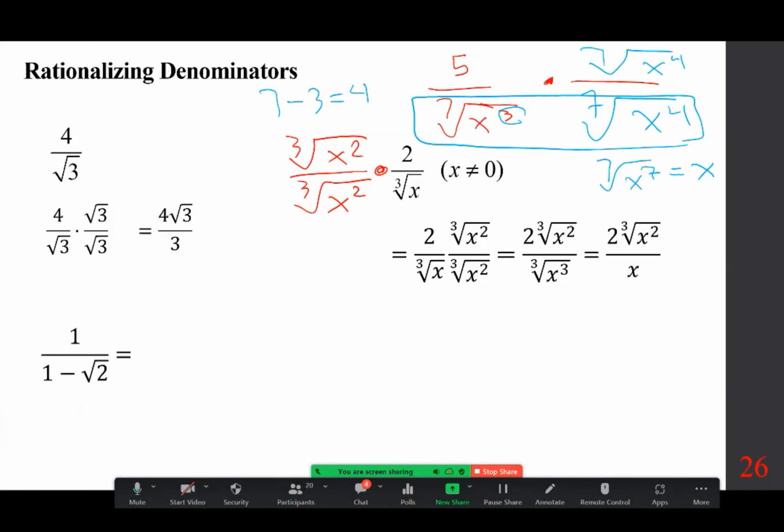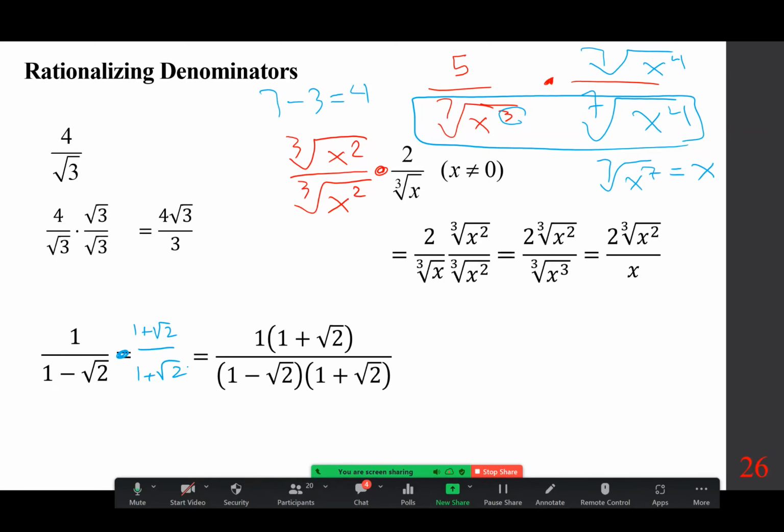Finally, what if we have a couple of terms in the denominator? We multiply by the conjugate of 1 minus square root of 2, and we divide by it. In other words, we are going to multiply by 1 plus square root of 2 over 1 plus square root of 2.